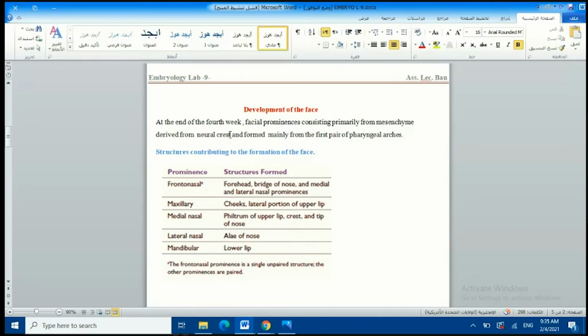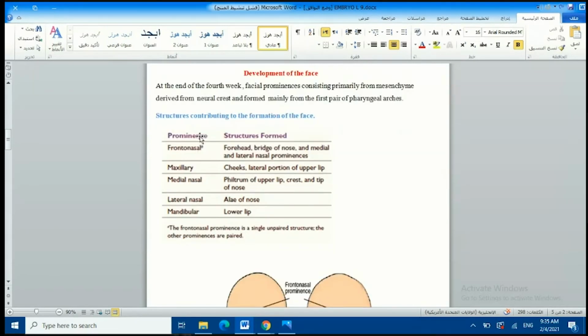Okay, so the structures that will contribute to forming the face are actually prominences. Fine, these prominences will become parts of the face, plus they will form other prominences in the face. Fine, so you need to memorize this one.